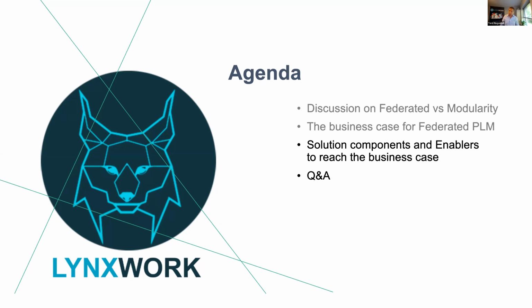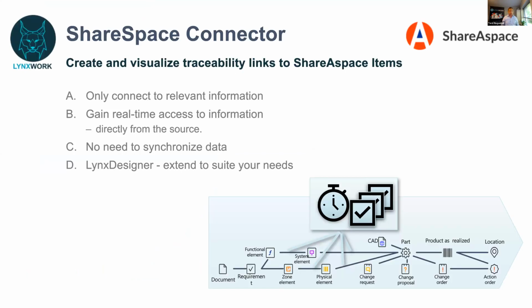So starting with the ShareSpace connector, that was actually created by Eurostep, not by us, using the solution that we have. So ShareSpace did not have an OSLC capability. ShareSpace is a solution built more like a PLM solution, so it's following a different standard.